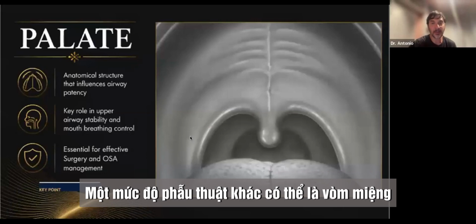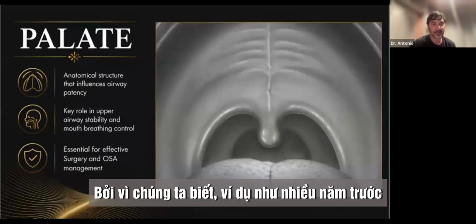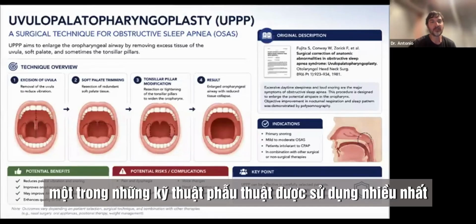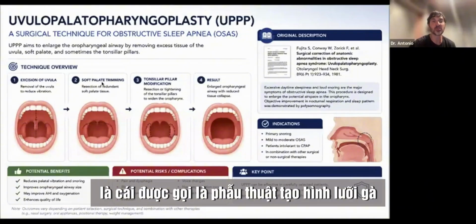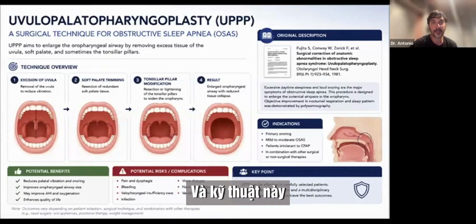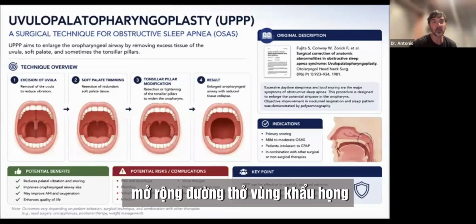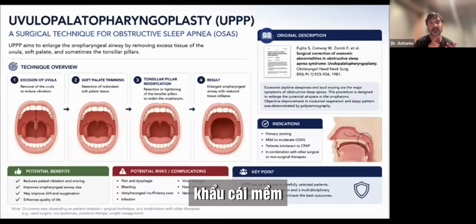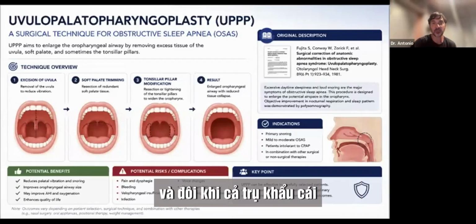Another level of surgery can be the palate, because we know, for example, that many years ago, one of the most used surgical techniques was the so-called uvulopalatopharyngoplasty. The aim of this technique was to enlarge the oropharyngeal airway by removing the excess tissue of the uvula, the soft palate, and sometimes also the tonsillar pillars.